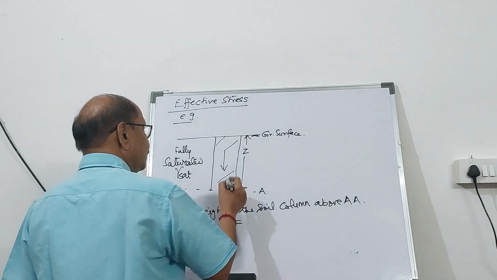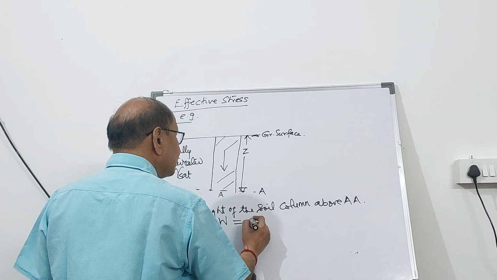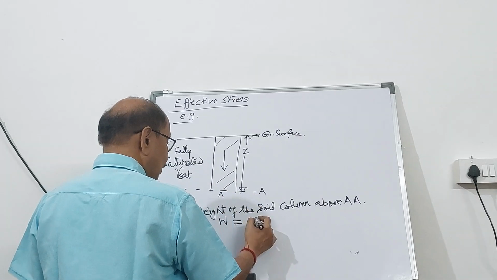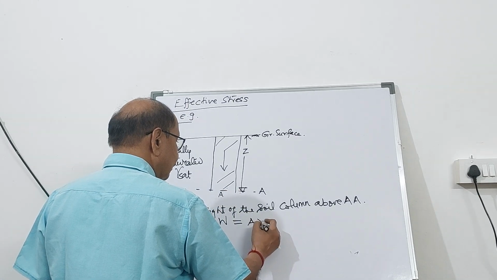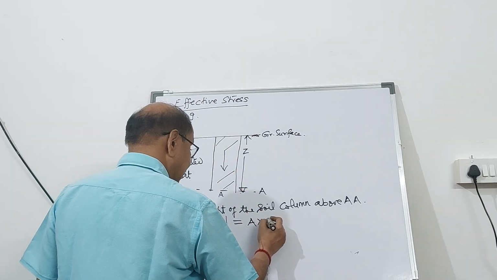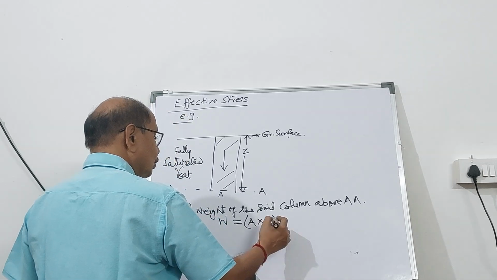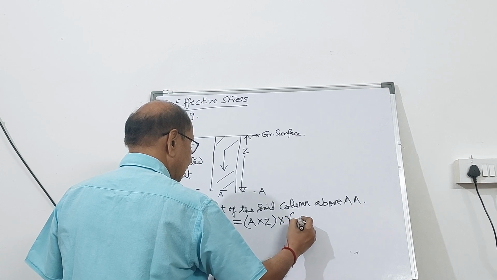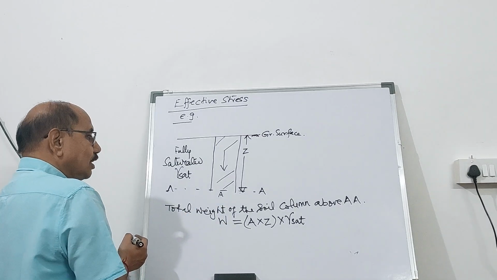A is the area multiplied by the height Z, which gives you the volume of this soil column. If you multiply it by gamma saturated, that becomes the total weight of this soil column.